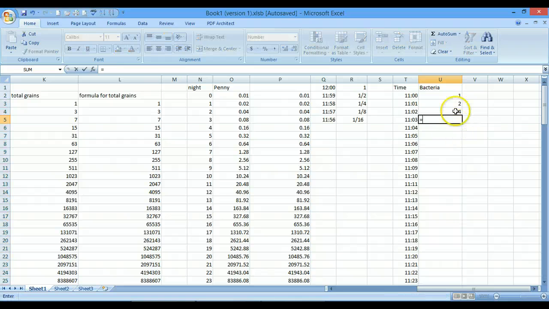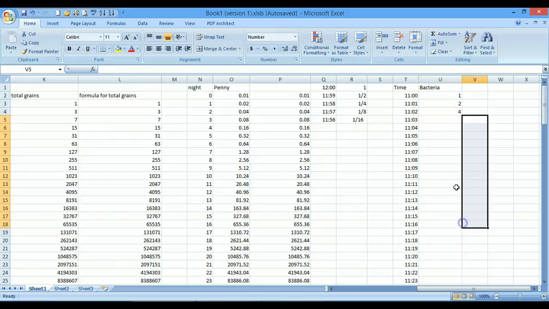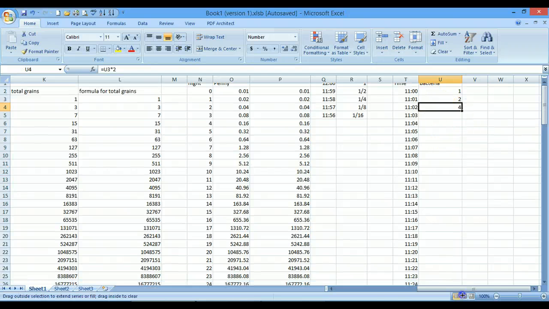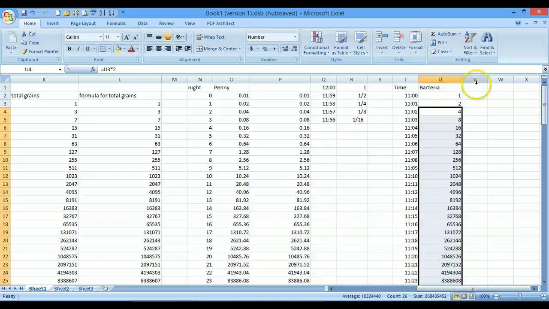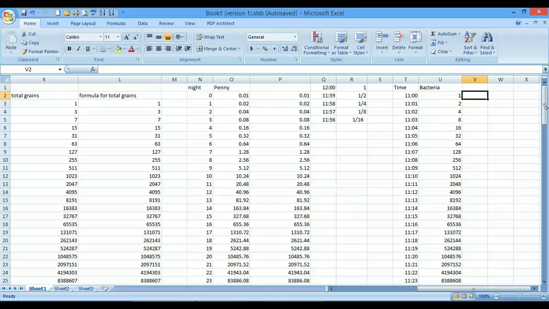And again, continue to double or click and drag like we did previously. The crosshairs, left click and drag. Or we can use finding the pattern and coming up with a formula. So if it's doubling after 1 minute, so here I get 2, 4, 6.